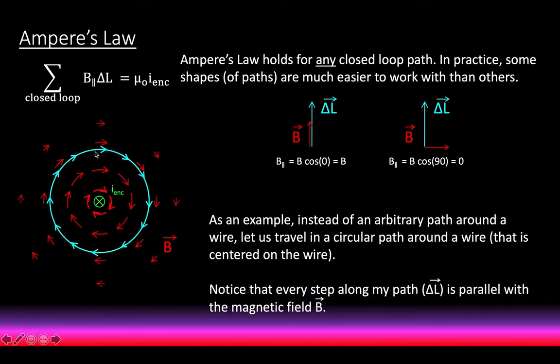One example of a convenient path is a circle around a wire with the wire right at the center of my circle. Think of many little steps. Maybe my path is 10,000 or a million steps in total. For the most part, every step I take will always be parallel with the direction of the magnetic field.